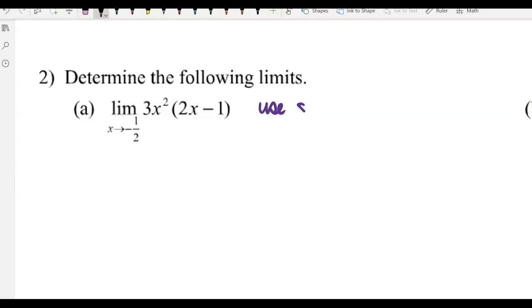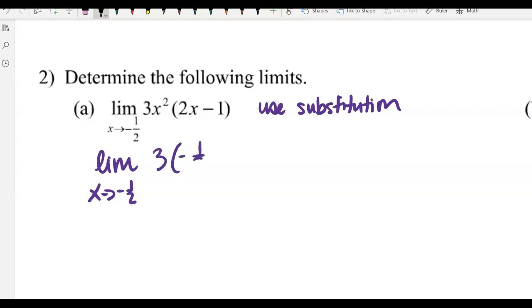So use substitution, since it's a polynomial. To find the limit, all we have to do is plug in what for what? Every time we see an x, what do we plug in? A negative half. Let's do it. So negative half squared, 2 times negative half, minus 1. All right.